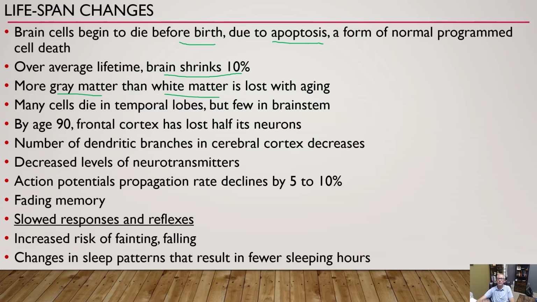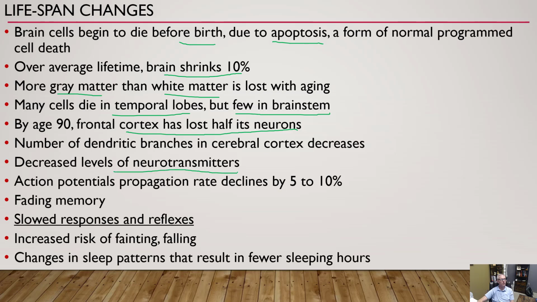Remember, 75% of your neuronal cell bodies lie in that cerebral cortex, that outer layer of your cerebrum. Many cells die in your temporal lobes, but few in your brainstem. By about age 90, your frontal cortex has lost about half of its neurons.